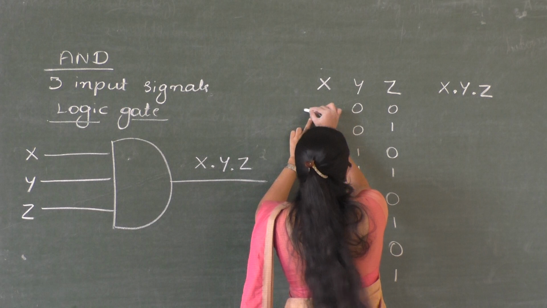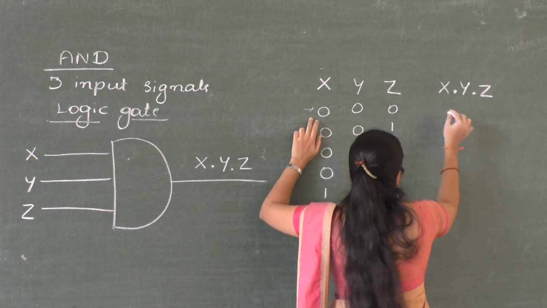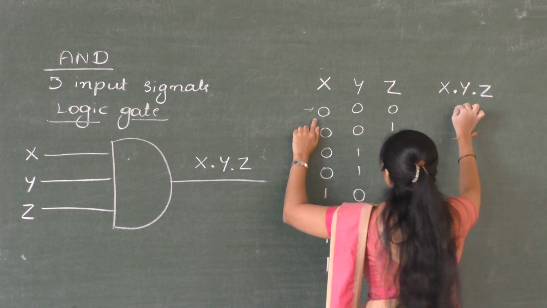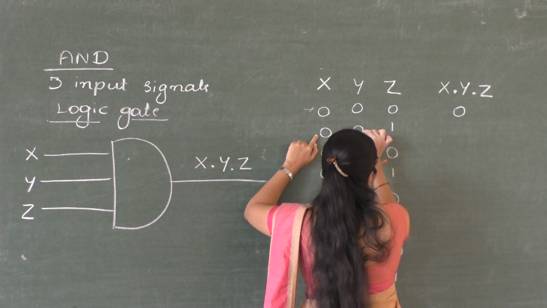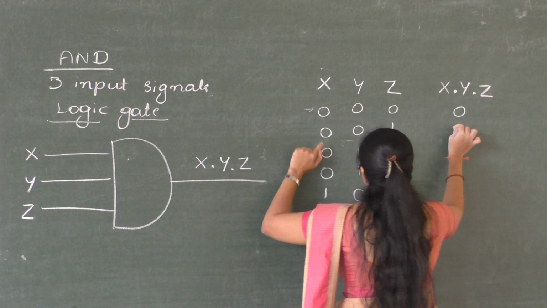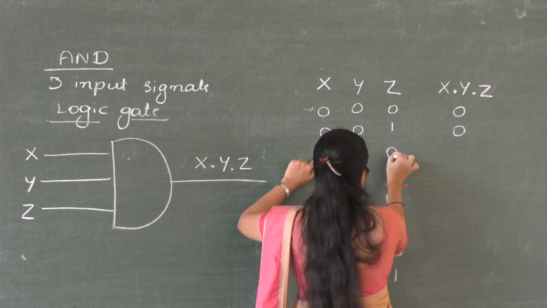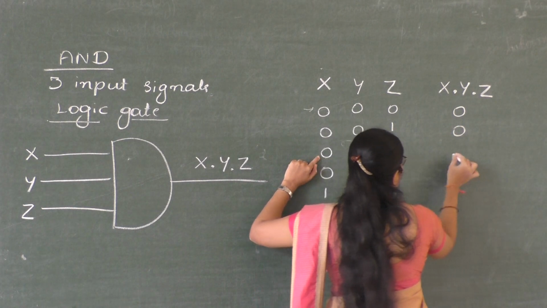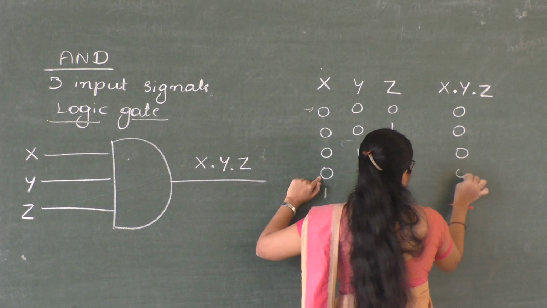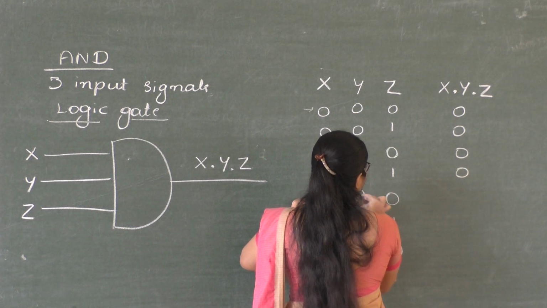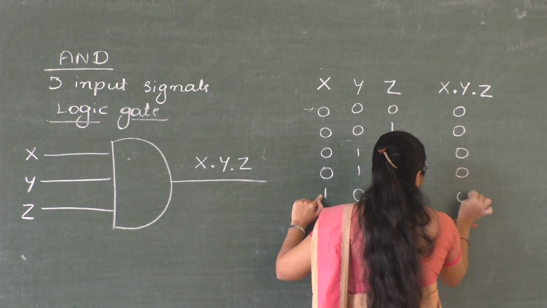See, in the first row all the input values are 0, so output is 0. In the second row, 0 0 1, 2 input signals are 0, output is 0. Next 0 1 0, 2 input signals are 0, output 0. Next, the first input signal is 0. Next 1 0 0, 2 input signals are 0.